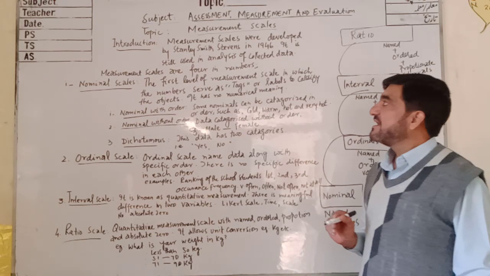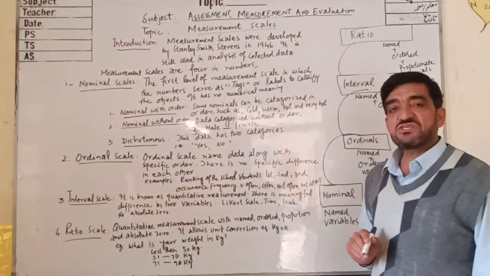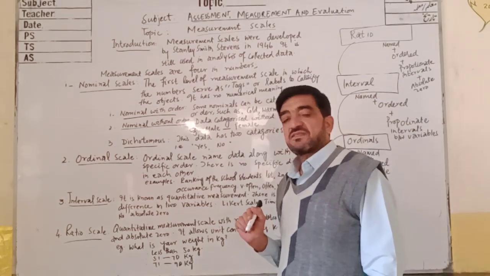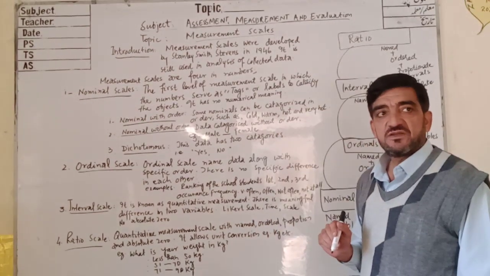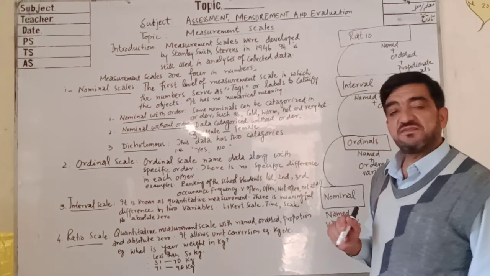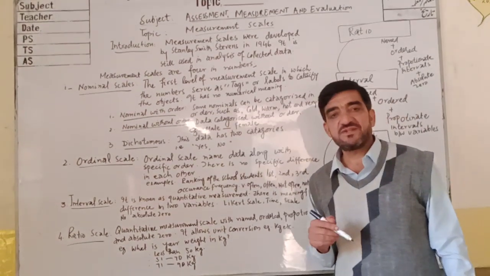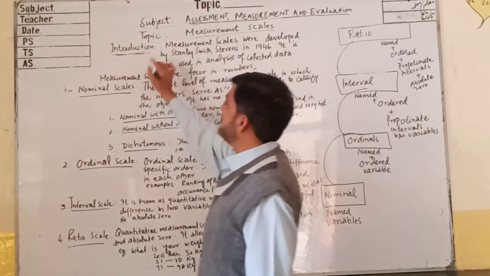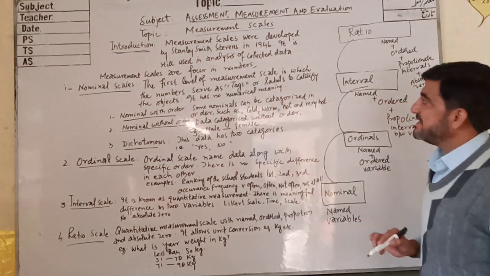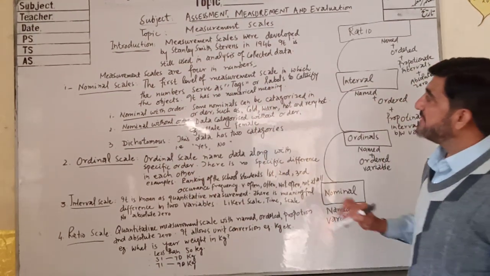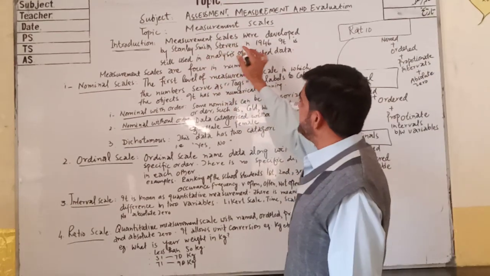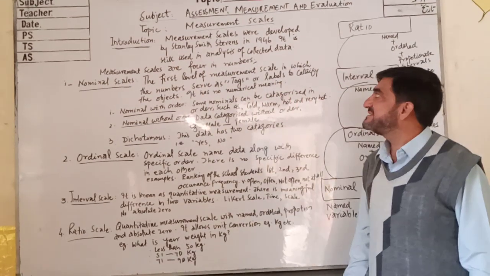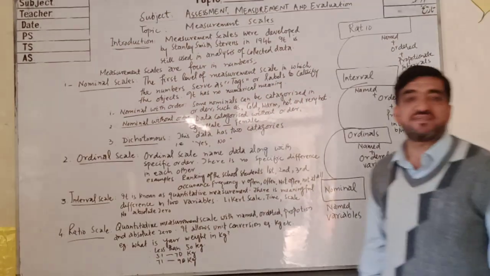Measurement scales are those scales which are used by every researcher for the compilation of research results. These are used in the analysis of data. So before going into detail, I would like to introduce them. Measurement scales were developed by Stanley Smith Stevens in 1946.